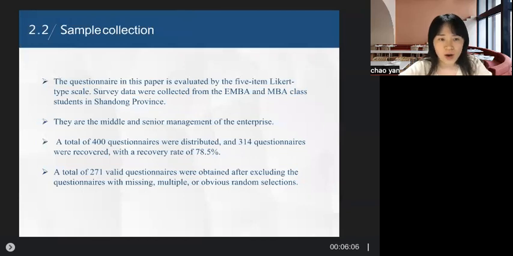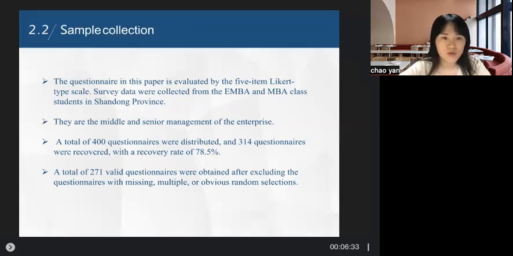Now I introduce our data collection process. The questionnaire in this paper is evaluated by a 5-point Likert-type scale. Survey data were collected from the MBA and EMBA class students in Shandong province in China. They are the middle and senior management of enterprises.